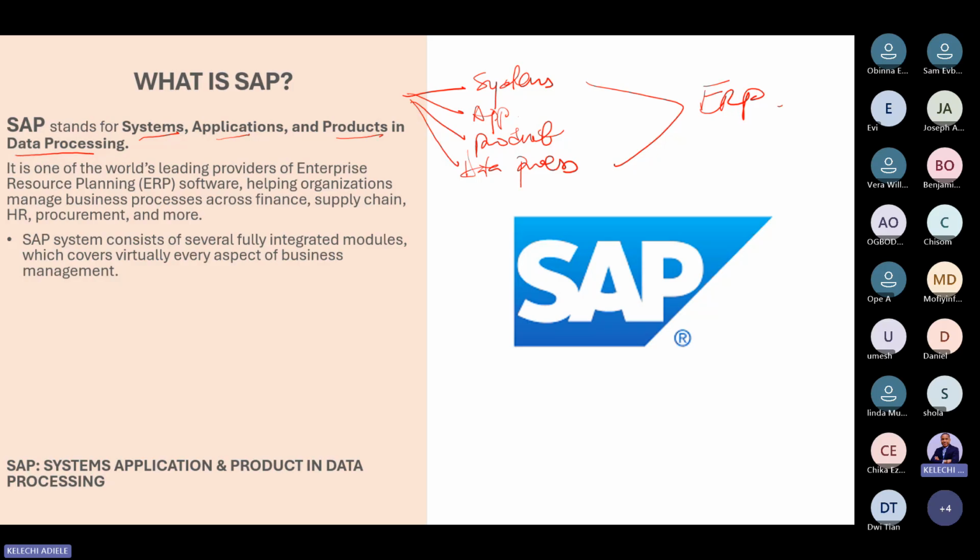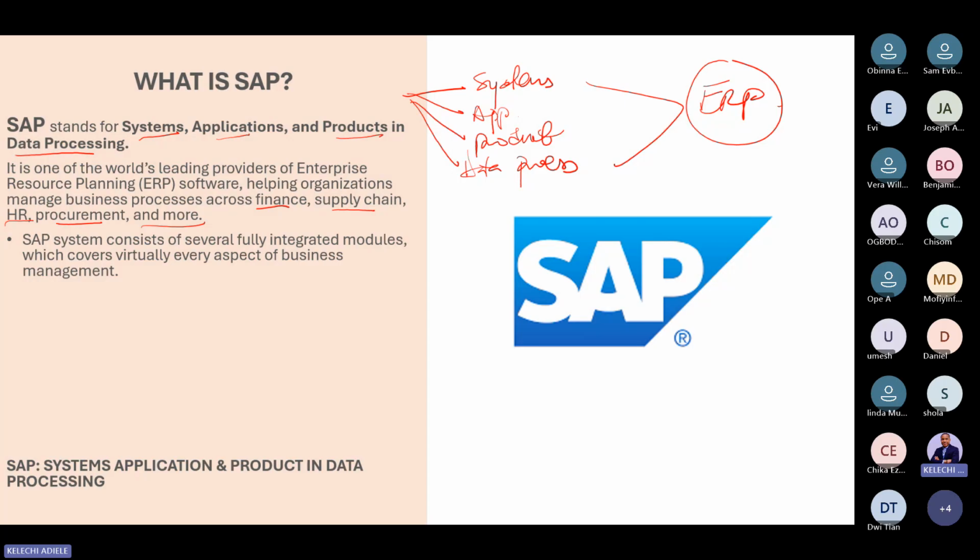Of course, at the end of the day, it's all geared towards making sure that the business makes the best of decisions. Now, just to continue, it is one of the world's leading providers of ERP. So we have used the word again, ERP, helping organizations manage processes across finance, supply chain, HR, procurement, and more. We're getting a picture of what ERP is.